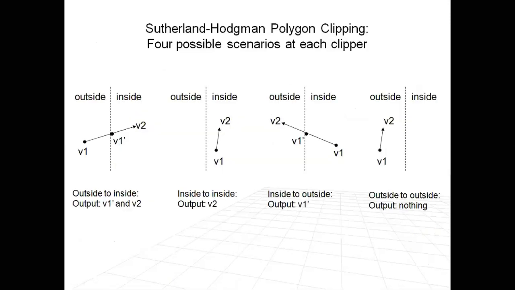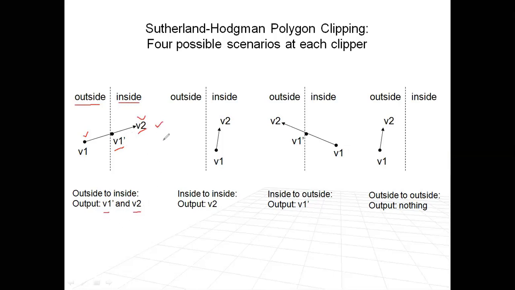I hope you will be able to understand by looking at this figure: you have the outside region, you have the inside region. This is the boundary across which the clipping has to take place. When we are moving outside to inside, v1 to v2, the resultant will be v1 dash and v2. Both vertices will be saved.